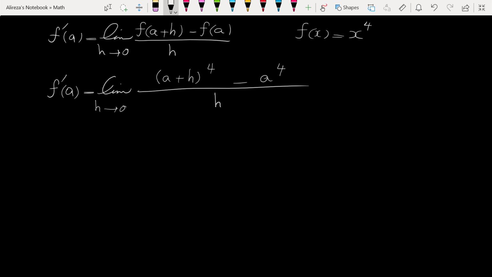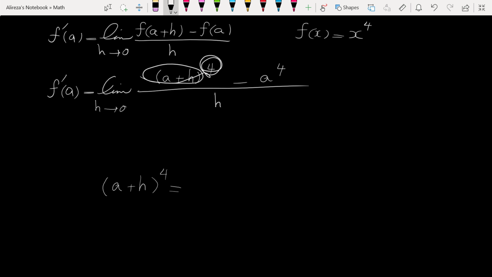For finding this limit, you have to simplify the numerator. To simplify the numerator, maybe you think of expanding a plus h to the power of 4. Basically, if you know the identity for this, you can do it with the identity.